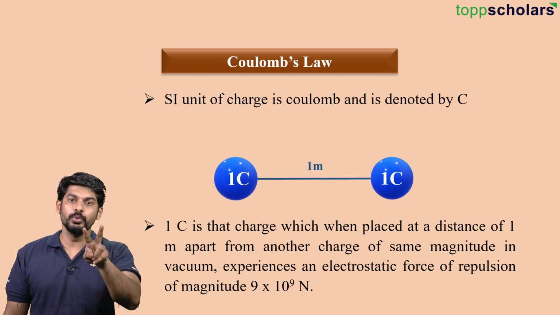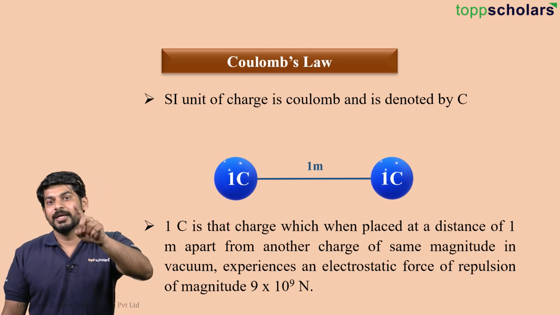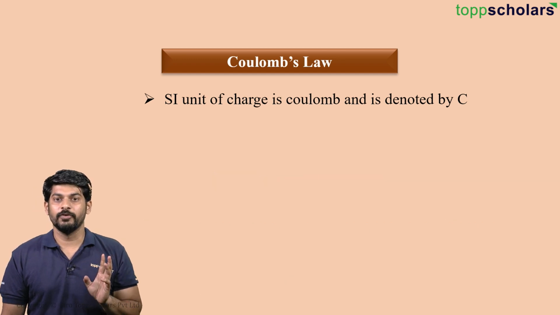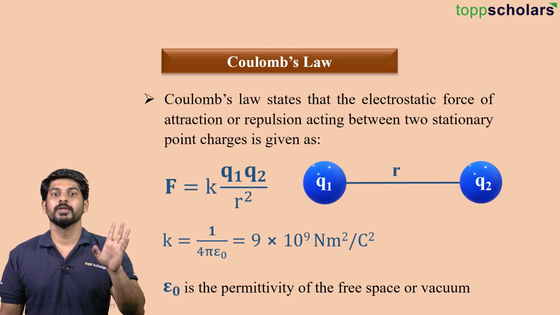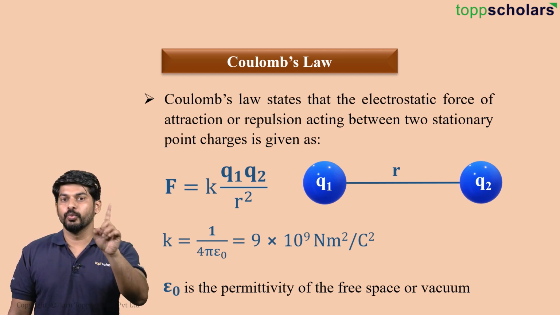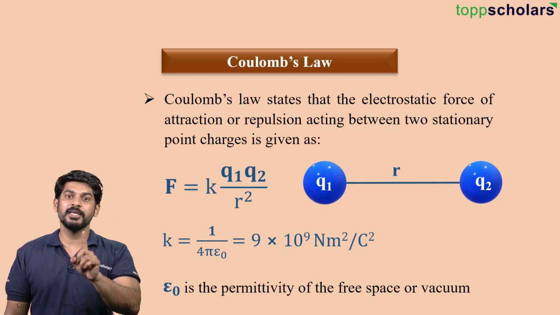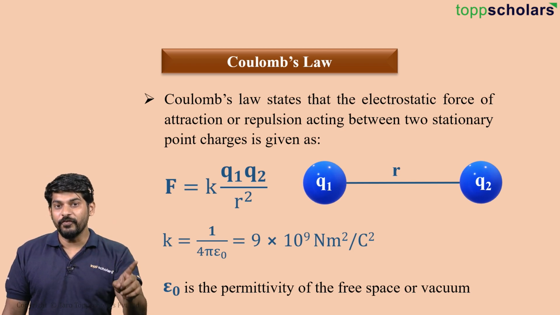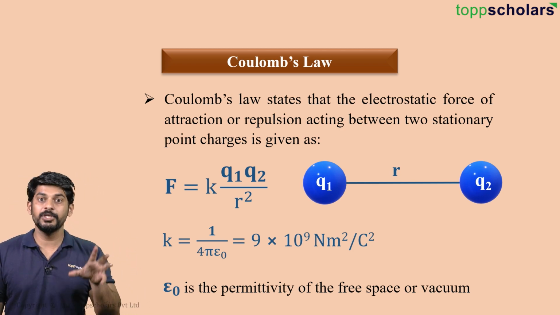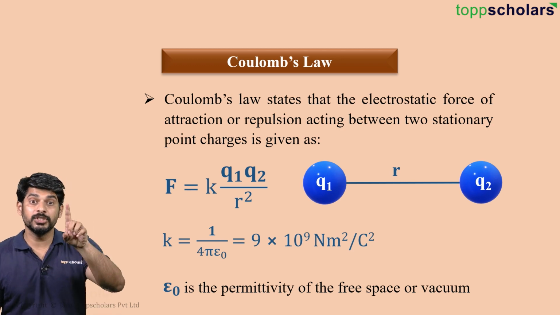So we have two charges which are both 1 Coulomb, placed at 1 meter. According to the formula, the value of k is 9 x 10^9, Q1 is 1, Q2 is 1, r is also 1. So F will be equal to 9 x 10^9. From here we can define what is 1 Coulomb.